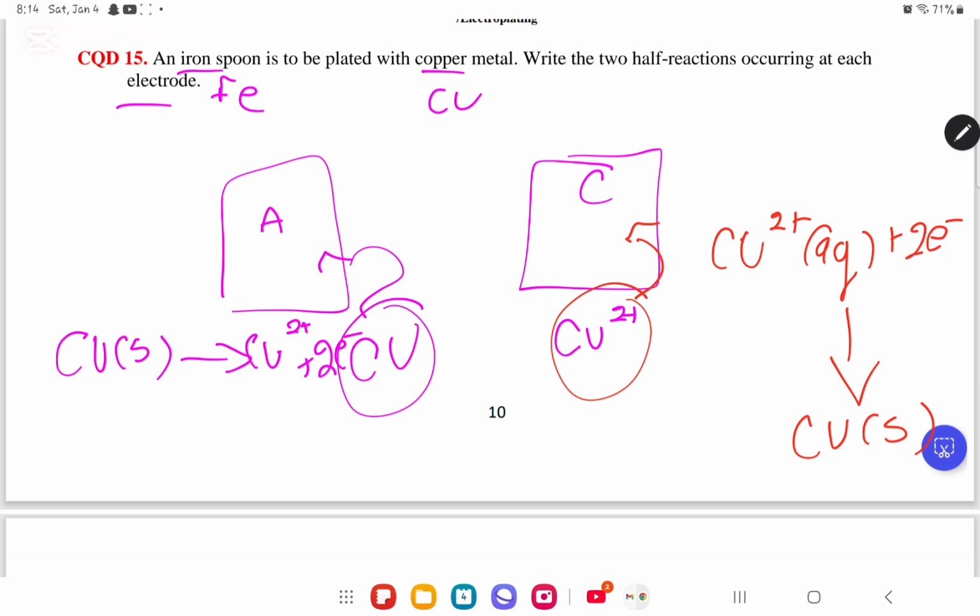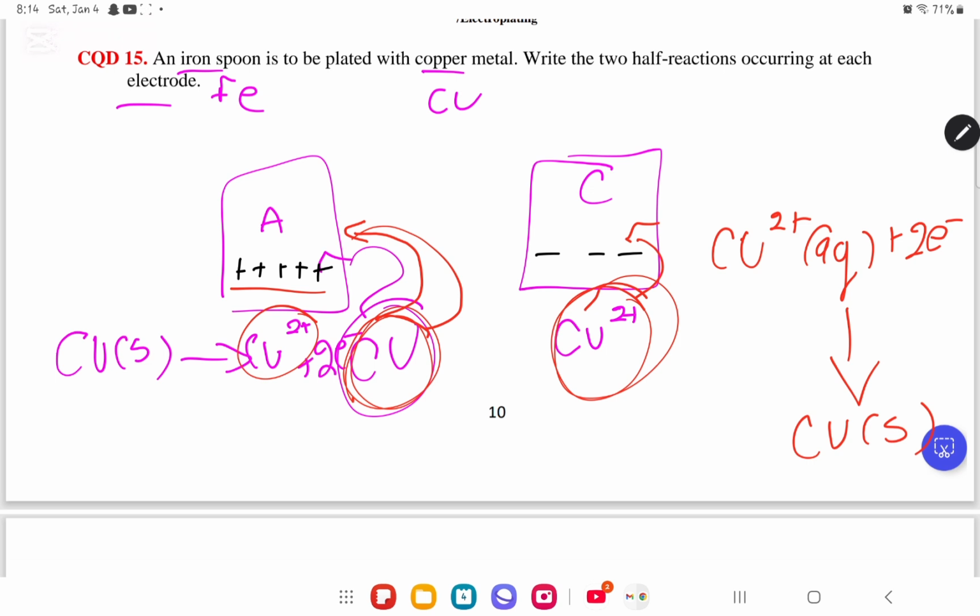So very simply, we know that the anode is the positive side and the cathode is the negative side. So what's happening here is that the Cu solid is going to be attracted to the anode because it is positively charged, and it's going to give some of its electrons, and then it becomes Cu2+.